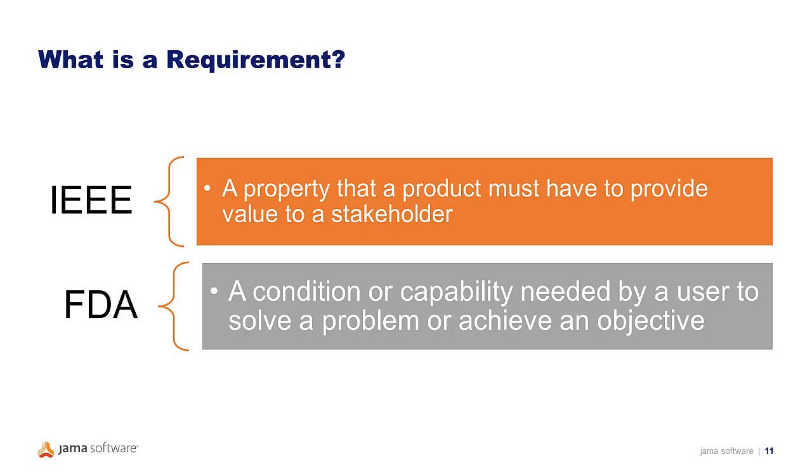So that tells you that anything that goes into your requirements has to have a purpose. Why is it there? And it's needed to solve a problem. So it has to solve a problem for the user, right? So if it's something that a software developer thinks is a cool feature, but nobody needs it, then it really shouldn't be a requirement.